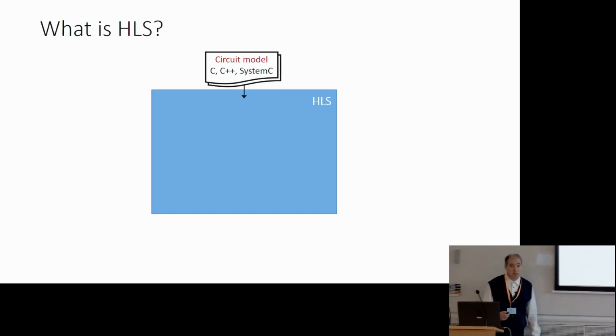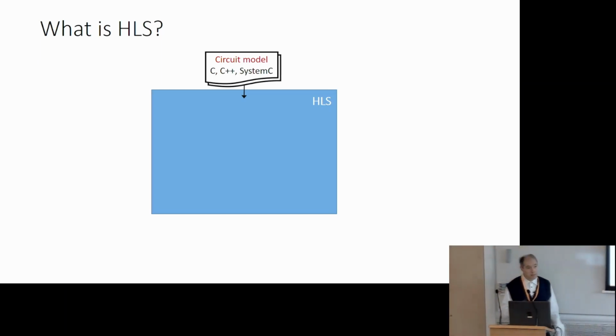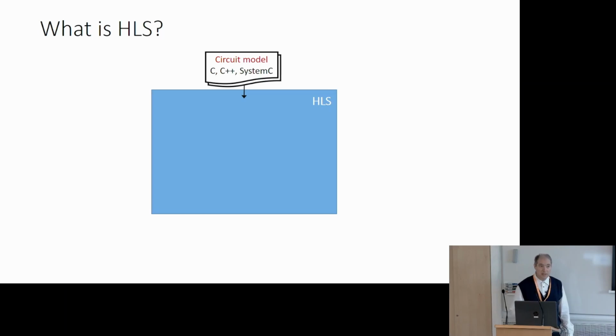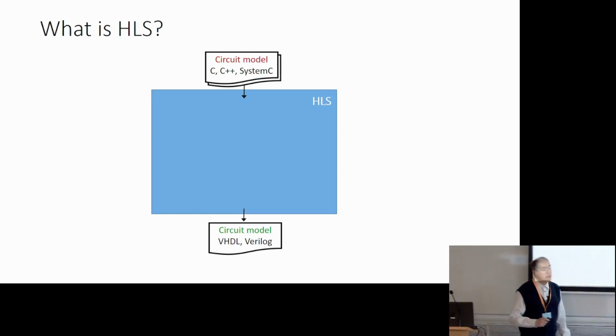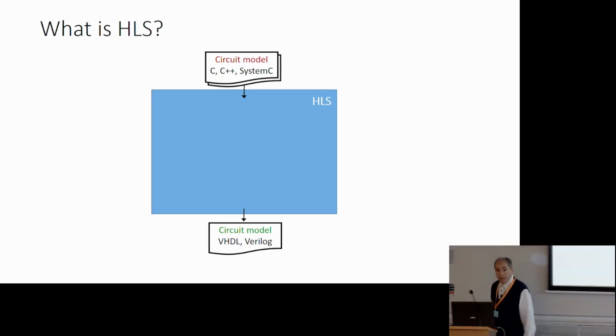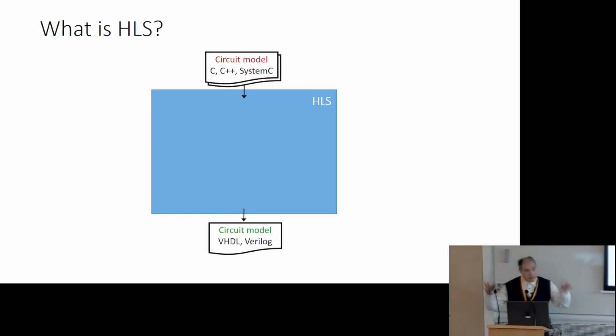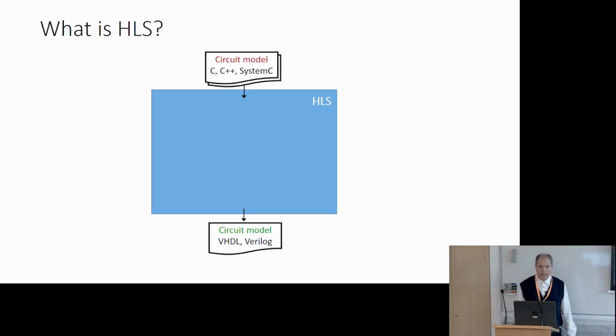But we can take just a normal C or C++ function, put it into some tool, and as an output, we get an RTL model in VHDL or Verilog used for the classical implementation process.